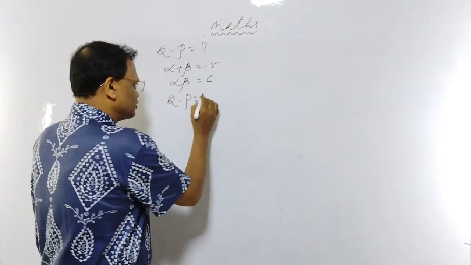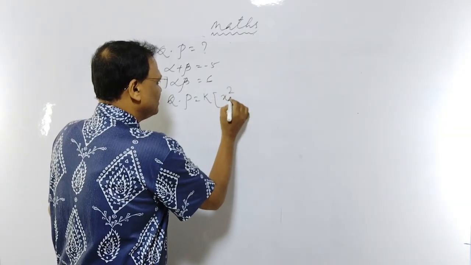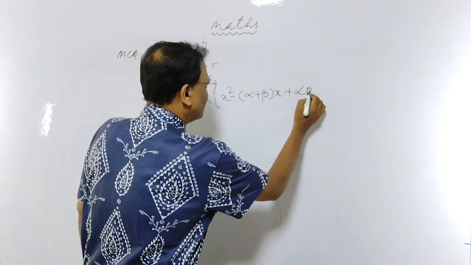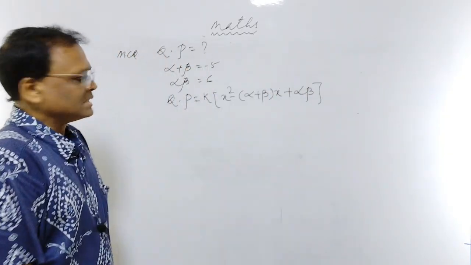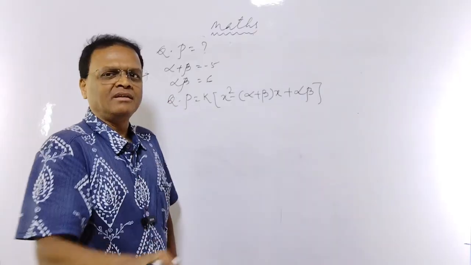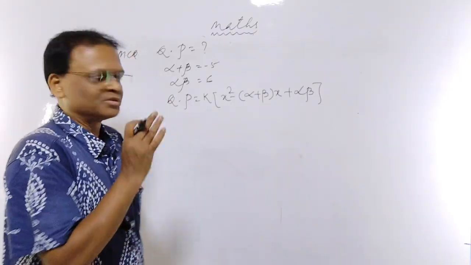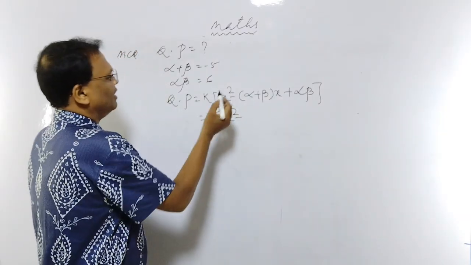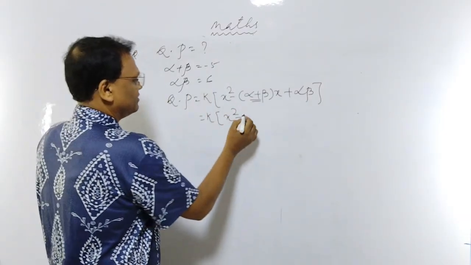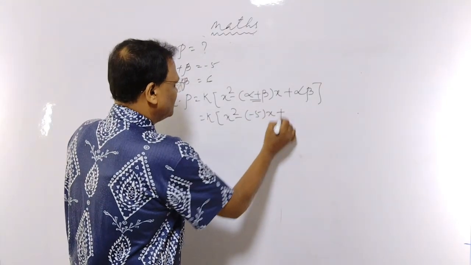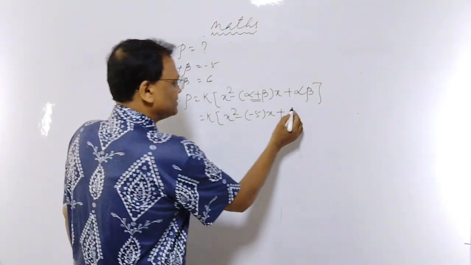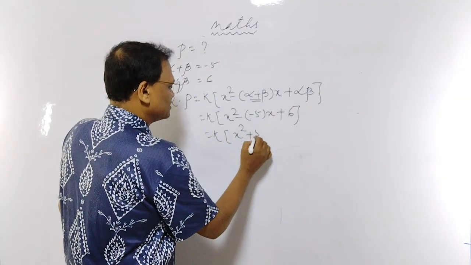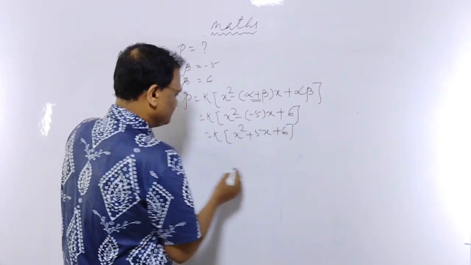The sum of the zeros is given, the product of the zeros is given, so the quadratic polynomial is k of x square minus alpha plus beta of x plus alpha into beta. See the previous video, I have explained this in complete detail. Now k of x square minus alpha plus beta, which is -5, into x plus alpha into beta, which is 6. So k of x square plus 5x plus 6.